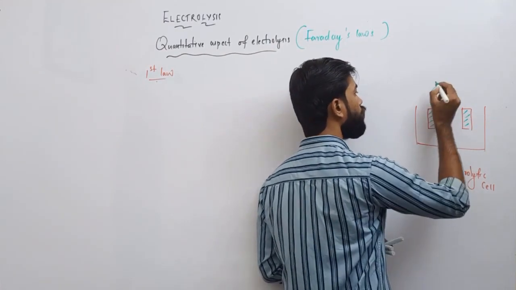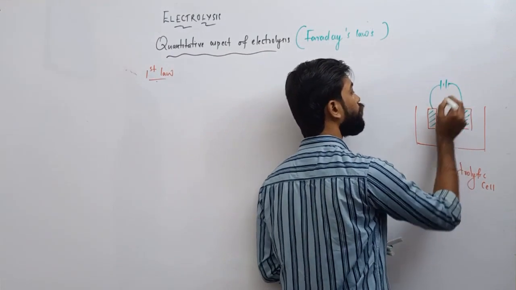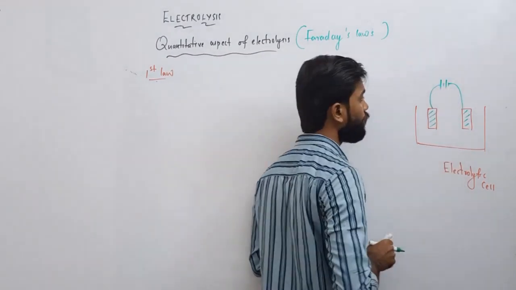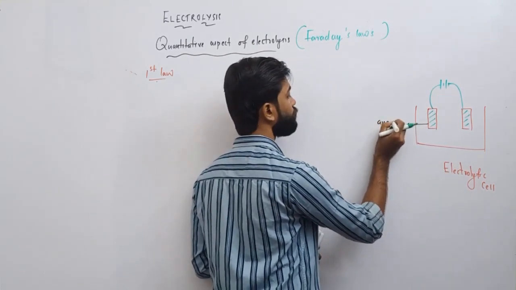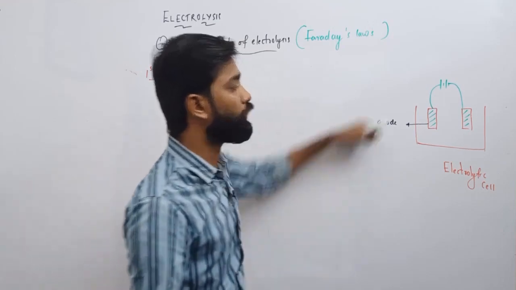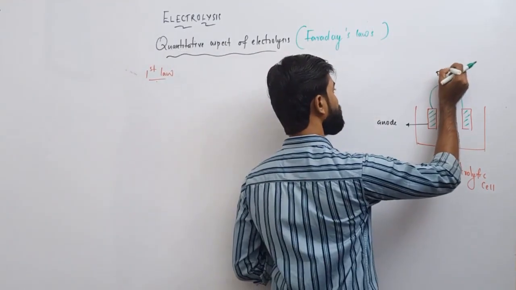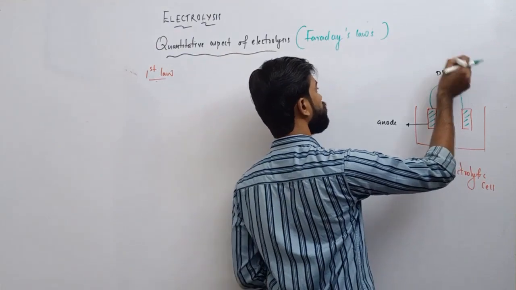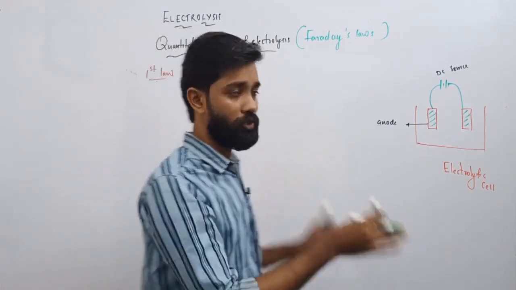The electrode connected to the positive terminal of the constant DC source is what we call the anode. This is a constant DC source because here we have to supply a constant DC current. Then only the reaction takes place.